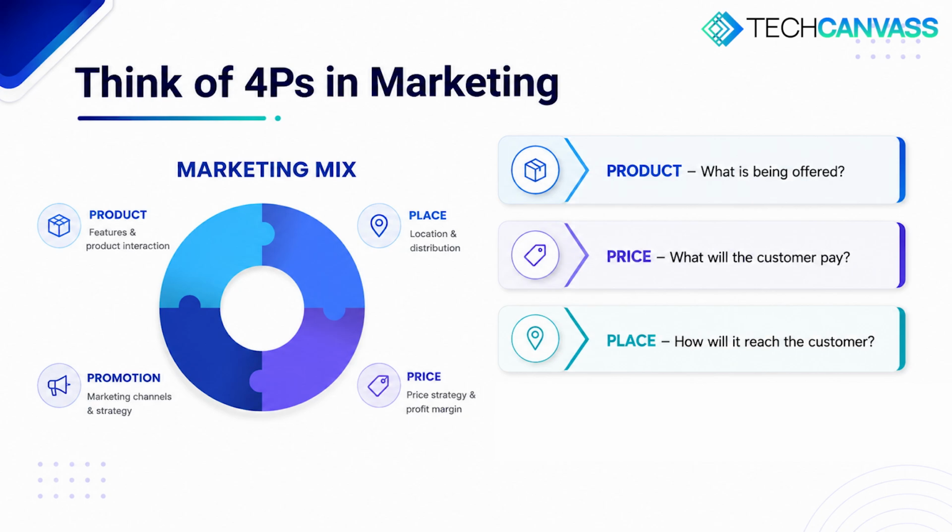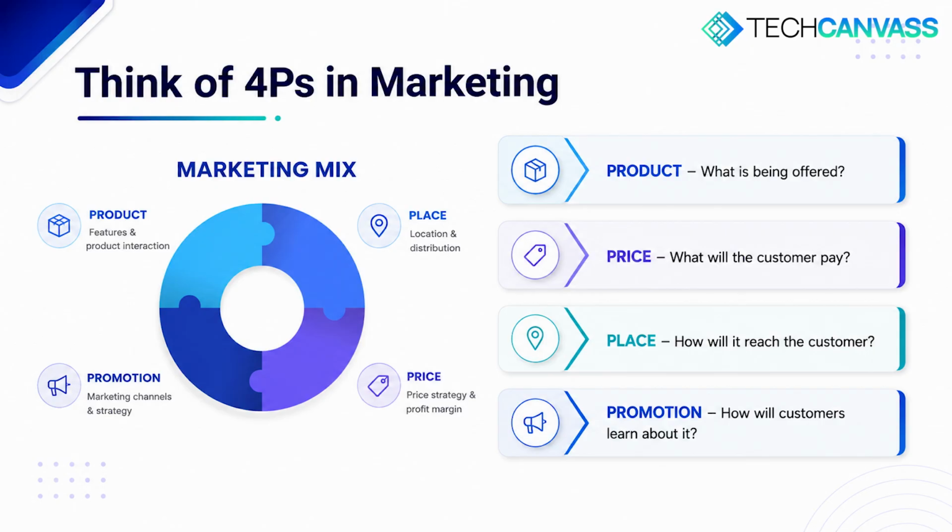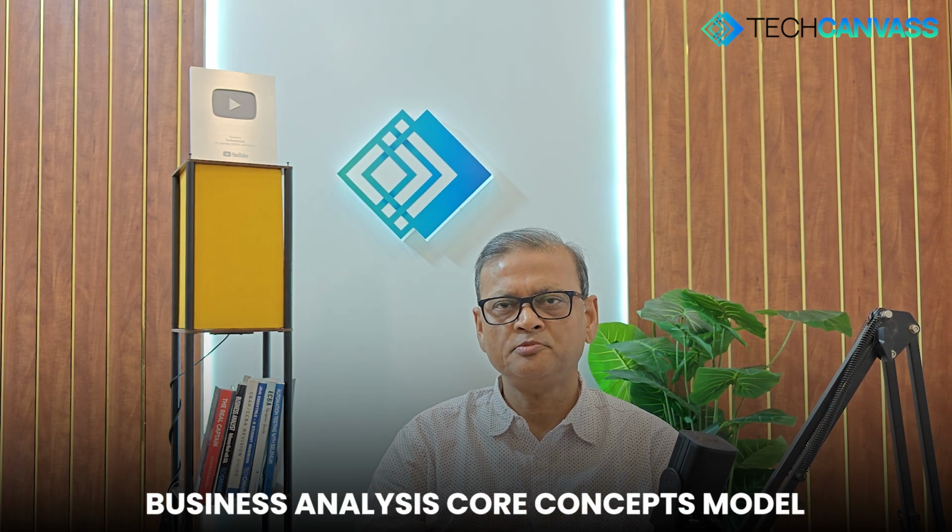Then the promotion, which will also include how the customers will know about this particular product. What are the different channels which the organization can use? Now, this provides a common ground to discuss the product and how it is going to be brought into the market. Similarly, we have this business analysis core concepts model.